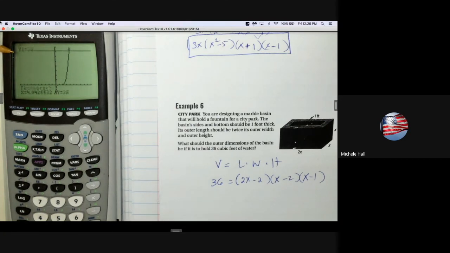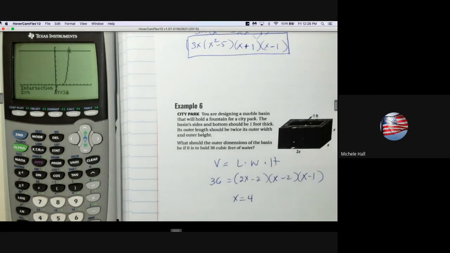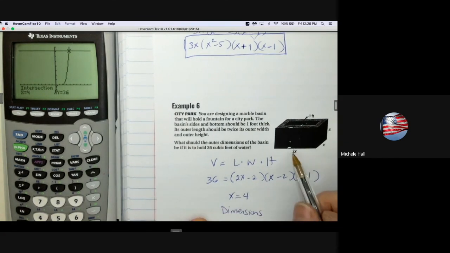Yes, so I hit enter. Is this your second curve, y equals 36? Yes, enter, and enter again. It says the intersection is at 4, 36. We get x equals 4. So what are the dimensions? That would be 4 times 2 is 8 by 4 by 4.